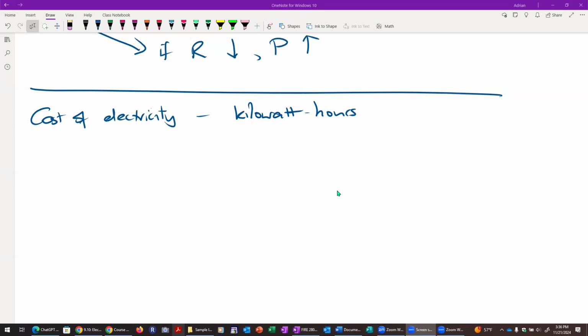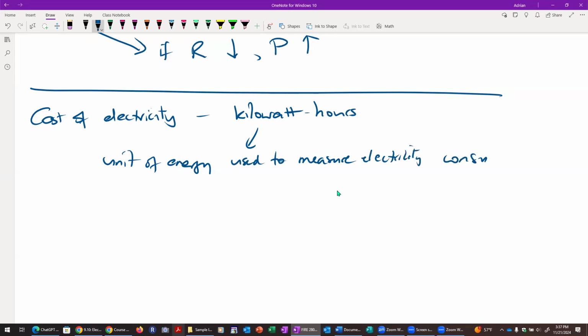Well, it's a unit of energy that's used to measure electricity consumption. And as the name suggests, a kilowatt hour represents the amount of energy used when a device with a power rating of 1 kilowatt operates for 1 hour, right?